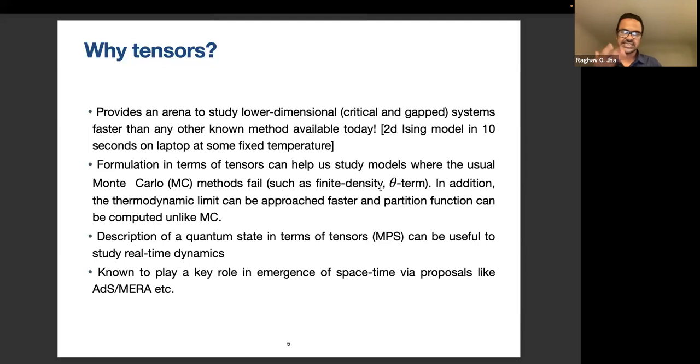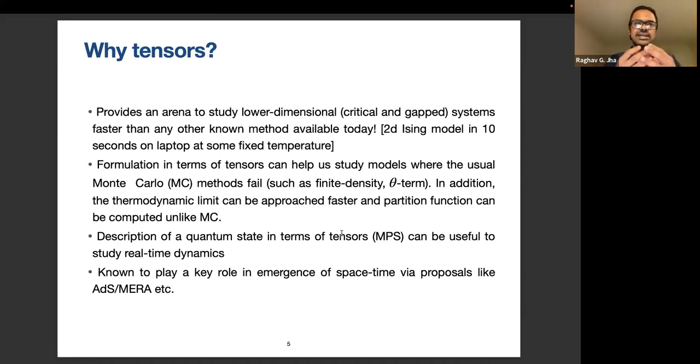But this has only been achieved till now in, say, 2 Euclidean dimensions, maybe 3, not in 4 dimensions, because it's hard even for tensor networks to go to 4 dimensions. And a description in terms of a quantum state, as I mentioned, a matrix product state, which is an approximation of the ground state wave function, can help us really understand the real-time dynamics of a quantum system, which is a very important problem.